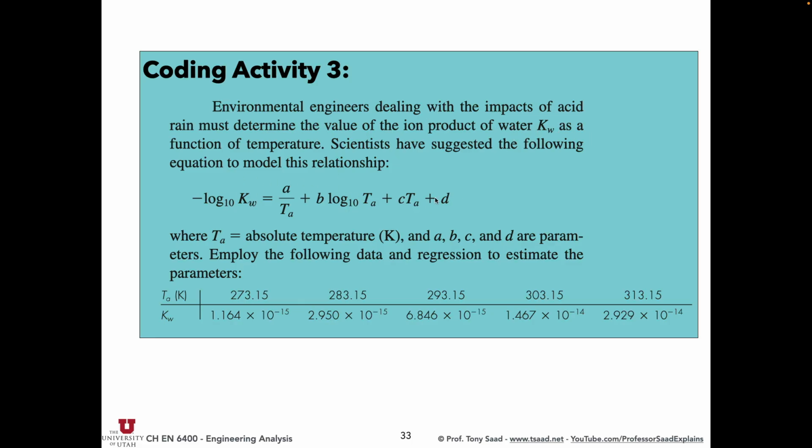So they suggest this model: A over the temperature plus B log10 of the temperature Ta, plus C Ta, plus D. So this is still a linear regression model, linear in the sense that the system is linear because A, B, C, and D show up linearly, although you have 1 over t here and log t, etc. You're given data, you do the same procedure, and you can do the regression. So you can try that out yourself.